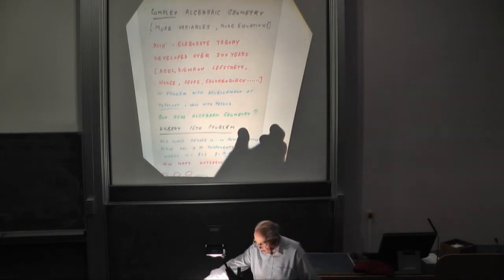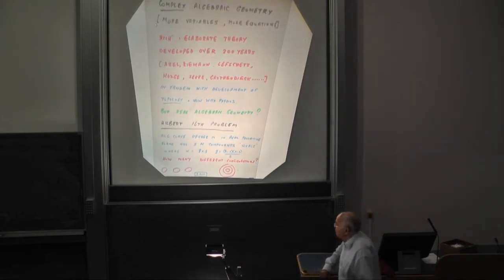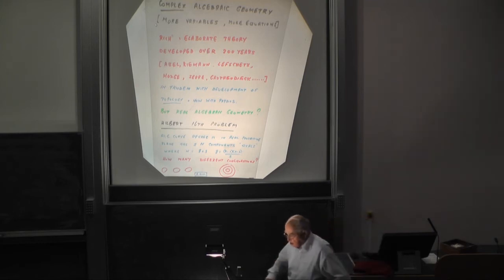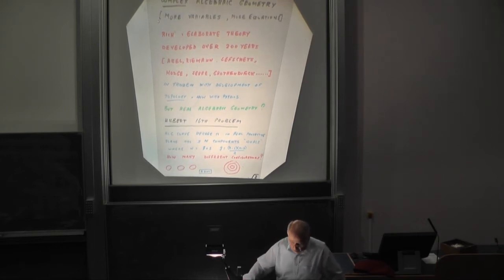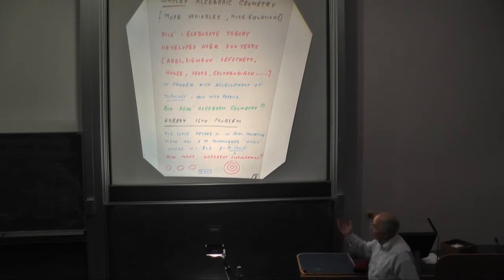But real algebraic geometry, over the real numbers, is a poor relation. Not very much has been done. But I remind you that amongst Hilbert's famous list of problems in 1900, his 16th problem was in fact about real algebraic curves. You take the projective plane, by the way, which incorporates infinity, so that stops that.